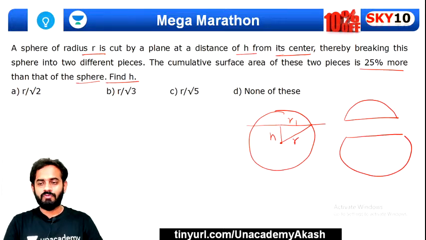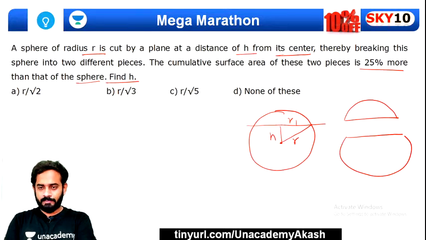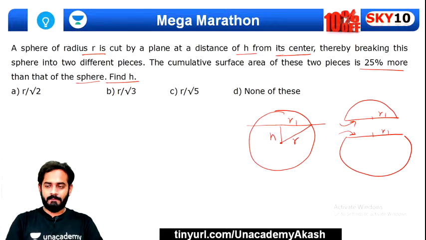Now why did the area of this sphere increase? Because of this circle and this circle. The radius of these two circles is r1 and r1, right?